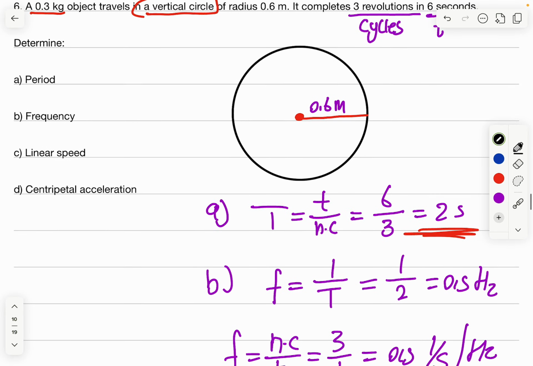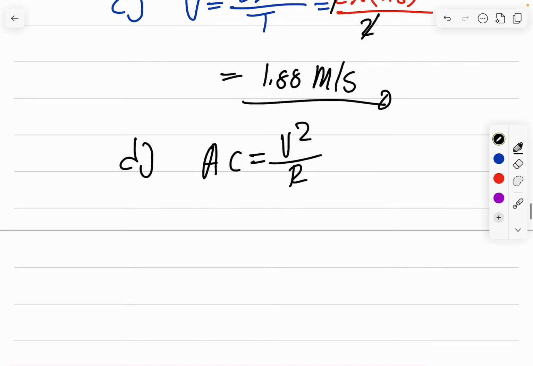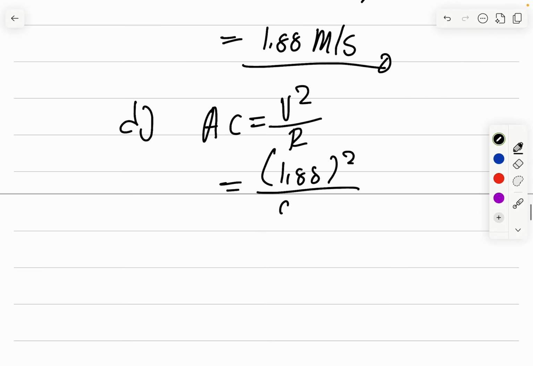They say calculate the centripetal acceleration. Letter D. Centripetal acceleration equals what? Velocity squared divided by the radius. Always, all the time. That one does not change. What is your velocity? 1.88 all squared. Divided by your radius, which is what? My radius was 0.6. Therefore, my final answer is 1.88 all squared divided by 0.6.